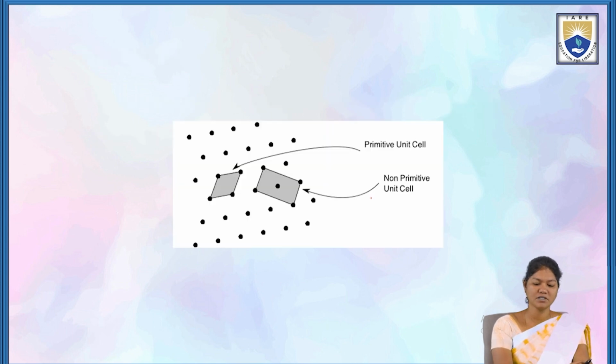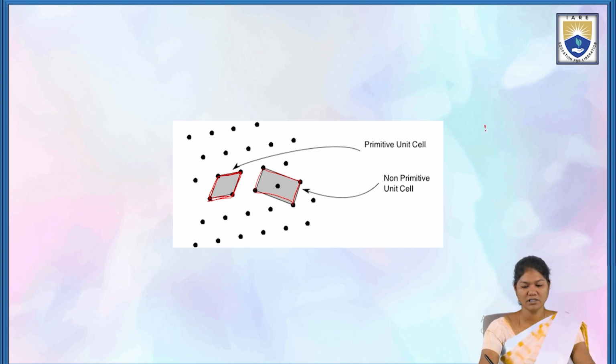So from this diagram, we can see the lattice. In this lattice, there are lattice points. There is a small part of the solid, the smallest volume, this one here.